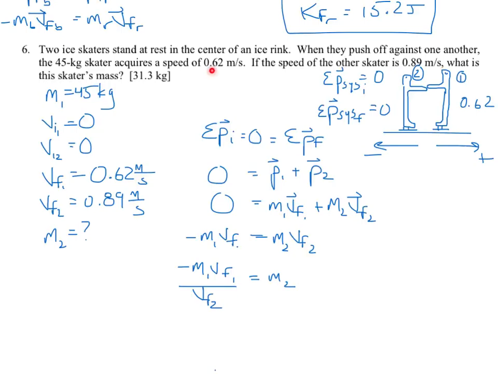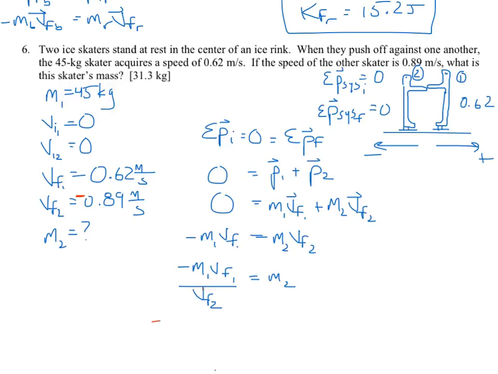And the other person going the opposite way is 0.89 meters per second. That is definitely their speed, because speed doesn't account for direction. But velocity does account for direction, and the velocity of person 2 has to be negative 0.89. That's why I drew that in red. So we're going to be dividing by a negative number, which means everything will work out.